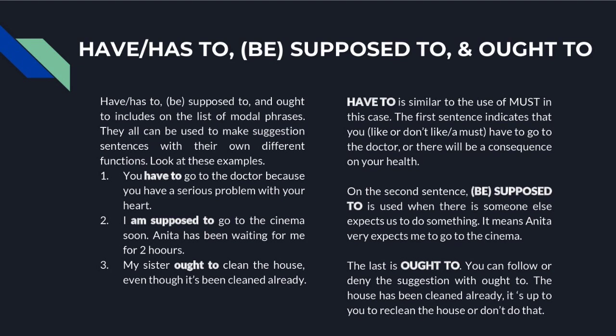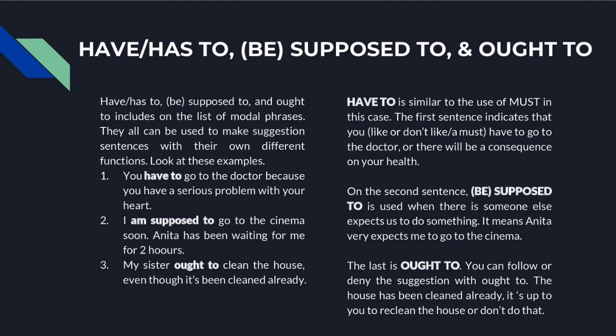Okay, well, next, I will explain to you all the differences among the three. The first one is have to. Have to is similar to the use of must in English. The first sentence indicates that whether you like it or not, you must go to the doctor or there will be consequences on your health.